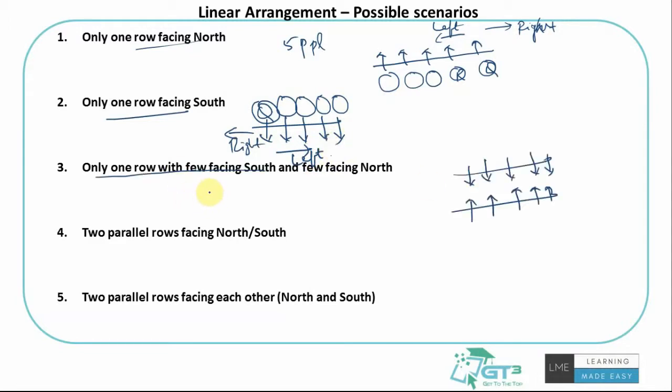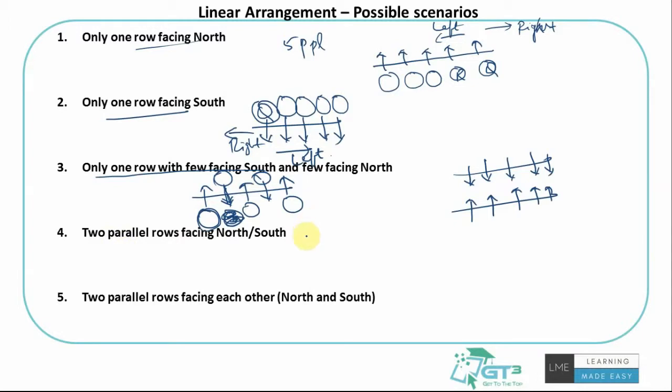So this is when there's only one row. Let's take for example that alternatively people are facing south and north. There are 5 people, so 3 of them are facing north and 2 of them are facing south. This is how the question would be talking about, and then you have to understand this person would have a different left and right, and this person would have a different left and right.